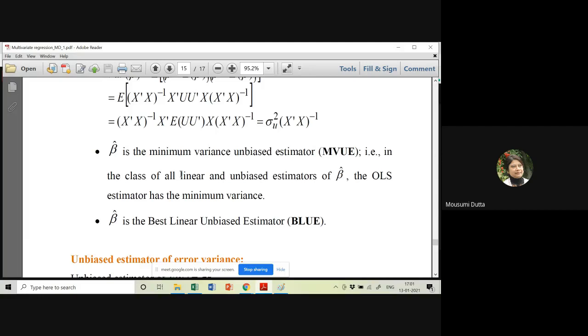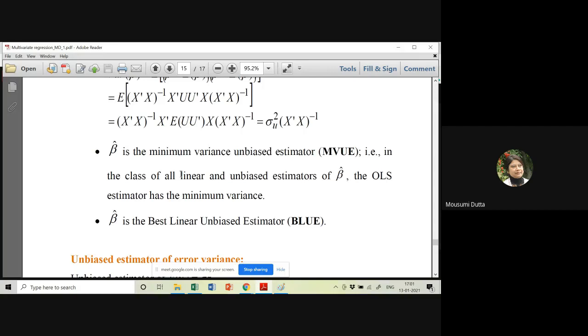Under most circumstances, sigma square, the population variance, is unknown to us. So before moving towards hypothesis testing, we need to learn how to derive an unbiased estimator for population variance sigma square.